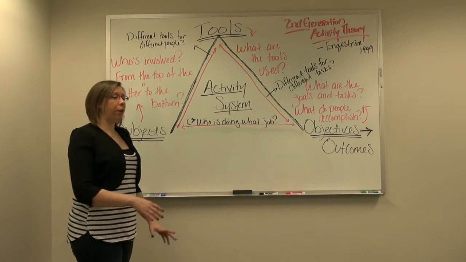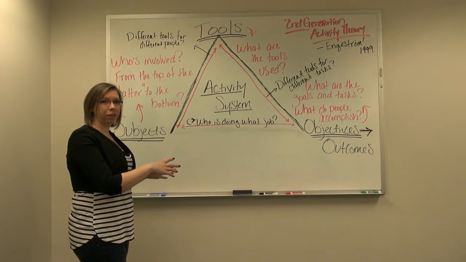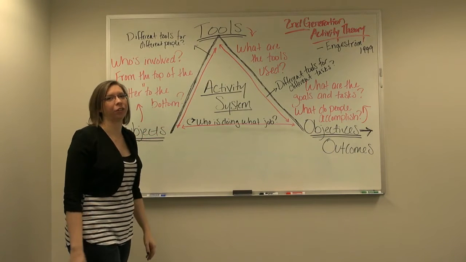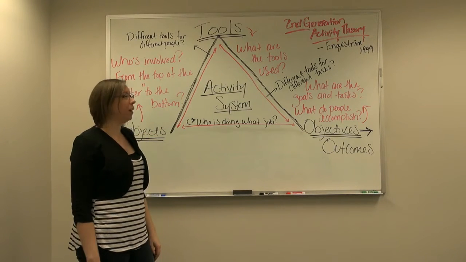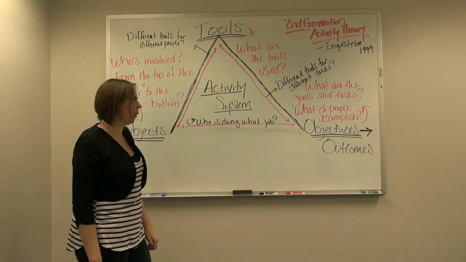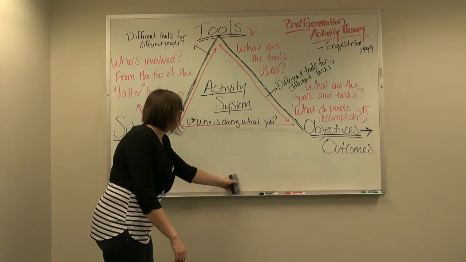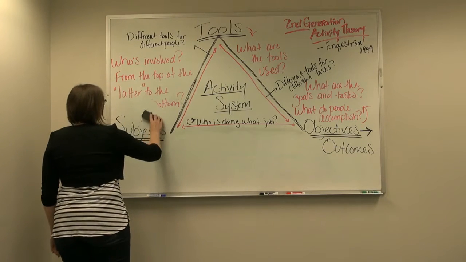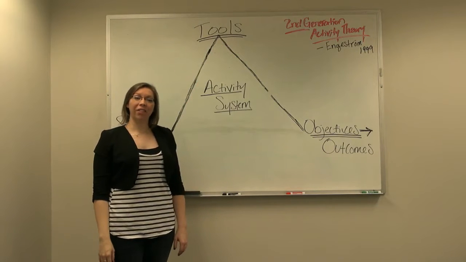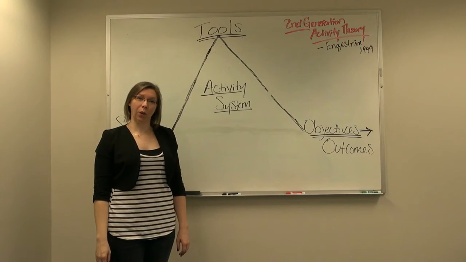So what I want to do now is add on to this and fill in our second generation piece. I'm going to erase these original questions just to make room for ourselves, because I'm going to have more questions about how we can connect the new pieces as well. So we're going to get rid of these things first. Okay, now we have a nice clean visual organizer to work with again.